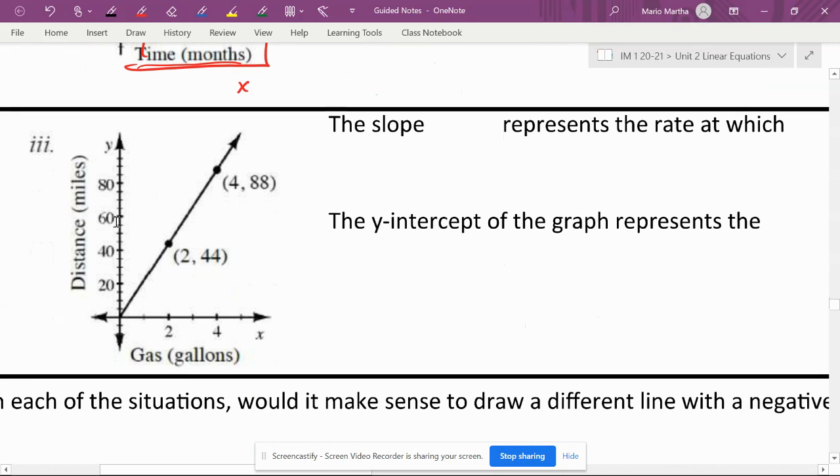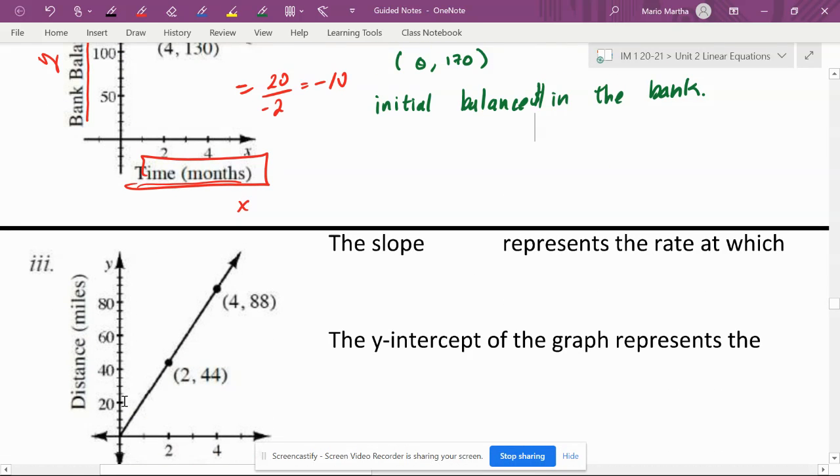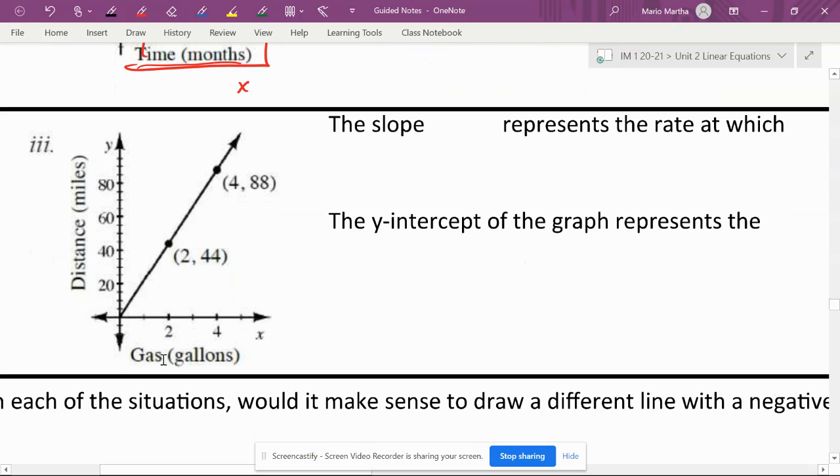All right, and then question 3, we're looking at distance in miles. And then at the bottom here, we're looking at gas in gallons. So here again, you want to identify the slope. So we're going to be looking for delta y over delta x.